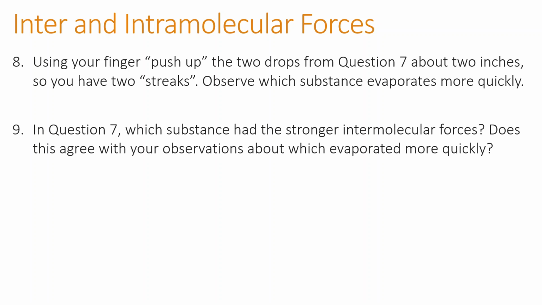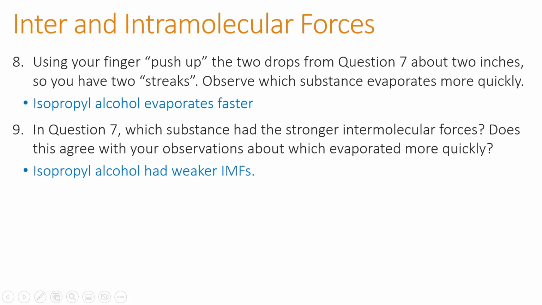So we're going to push those 2 drops from question 7 into 2 streaks of liquid, and we want to see which one evaporates more quickly. The isopropyl alcohol is going to evaporate faster. Now in question 7, we said that the water is going to have stronger intermolecular forces.